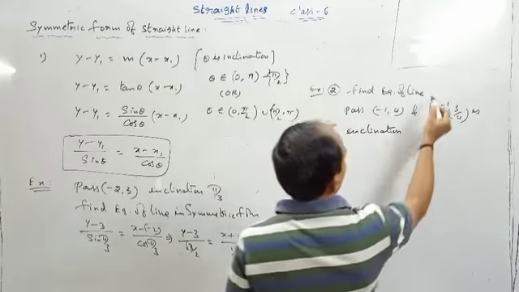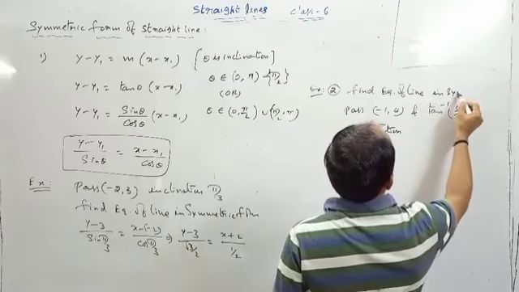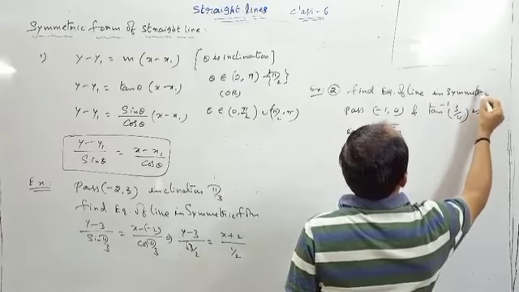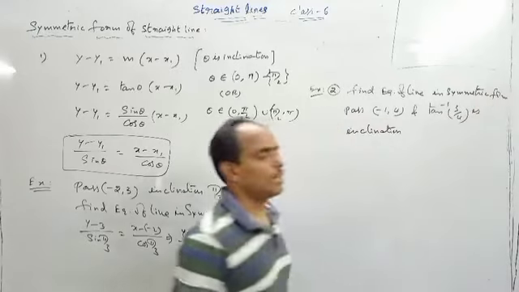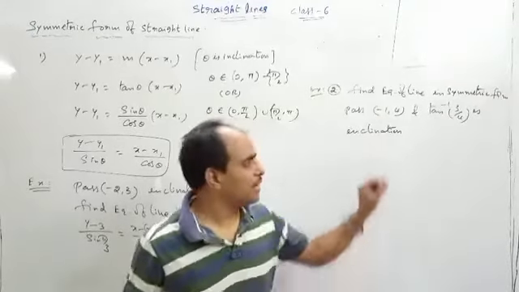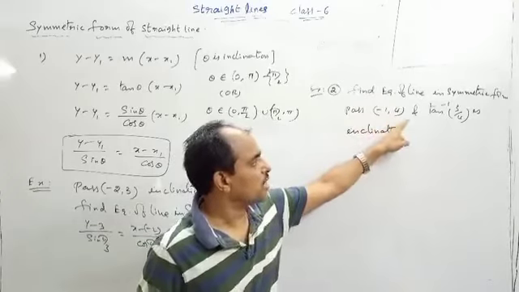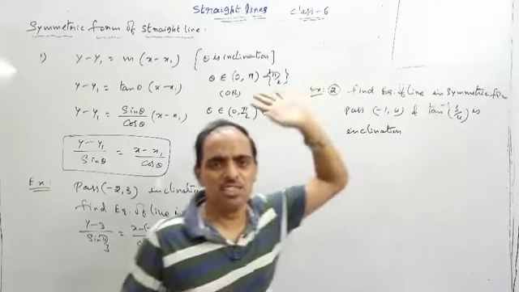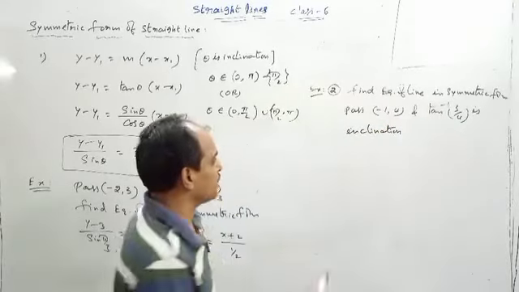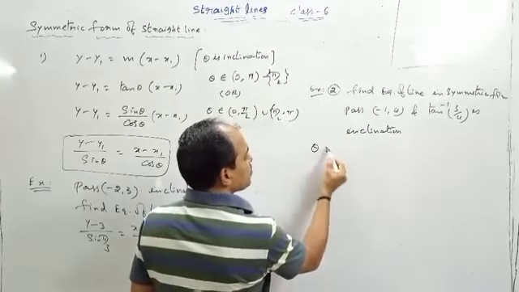See, find the equation of a line in symmetric form passing through minus 1 comma 4 whose inclination is this one. Okay. Now, inclination means theta.